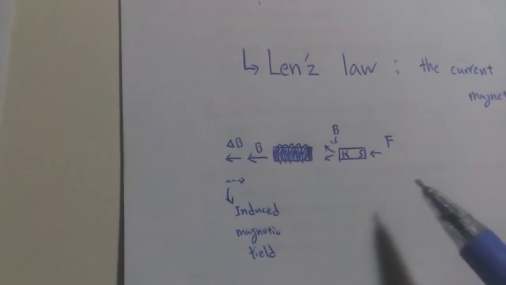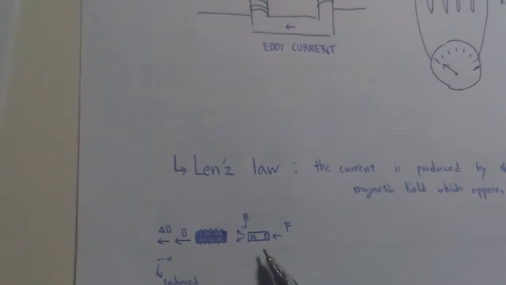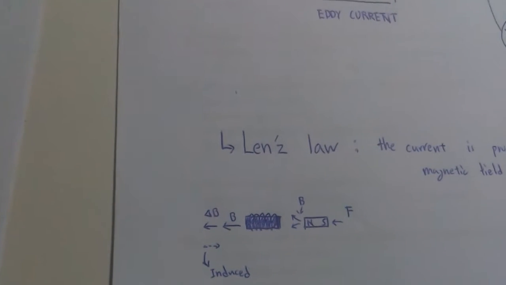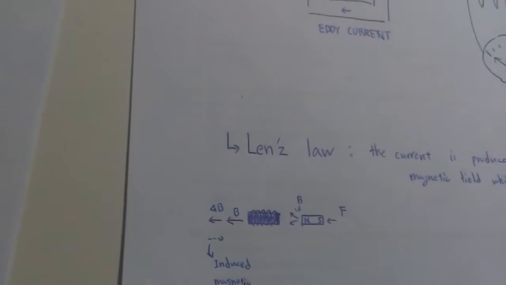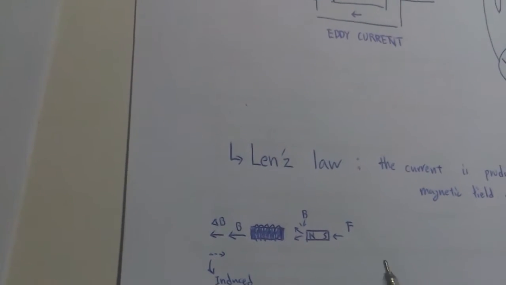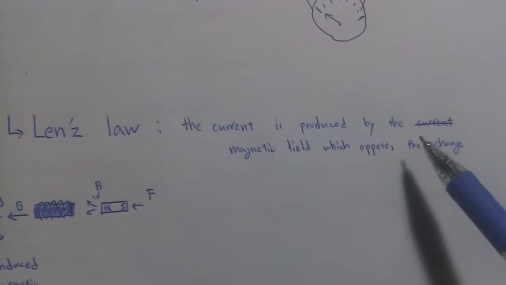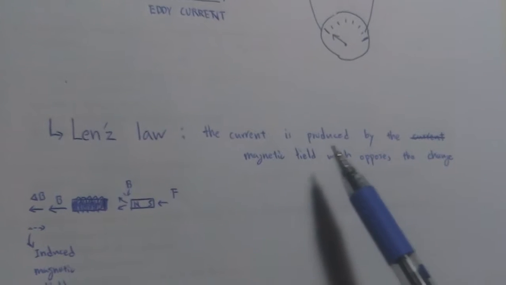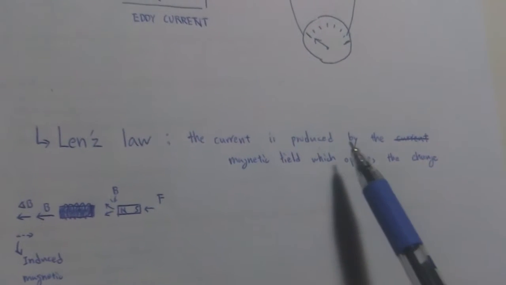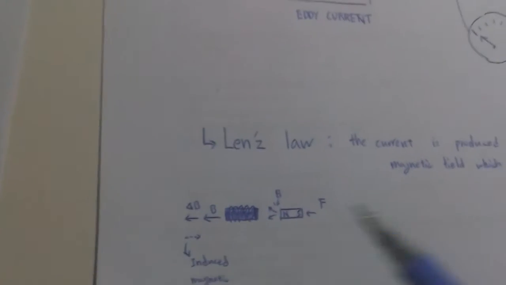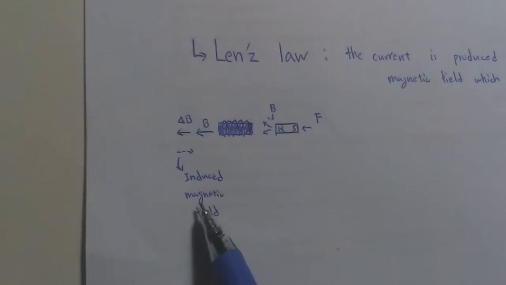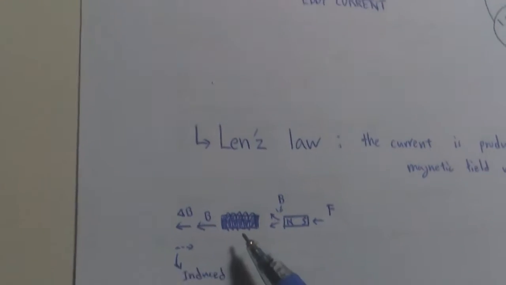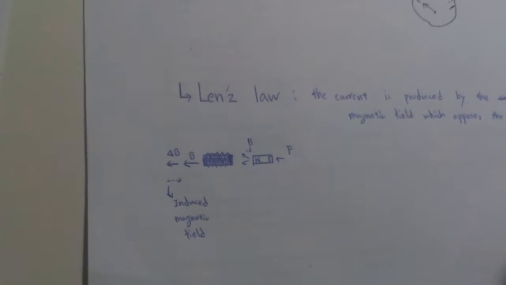This means that whenever the magnetic field is changed, the induced magnetic field is in the opposite way. So the current is produced: this induced magnetic field will cause the current in here using the right hand rule.